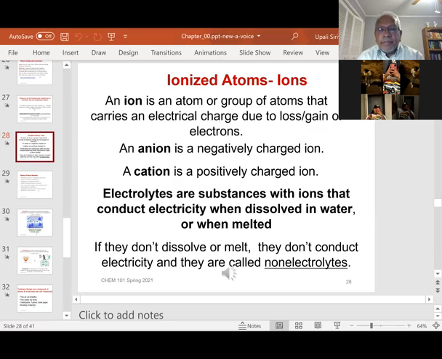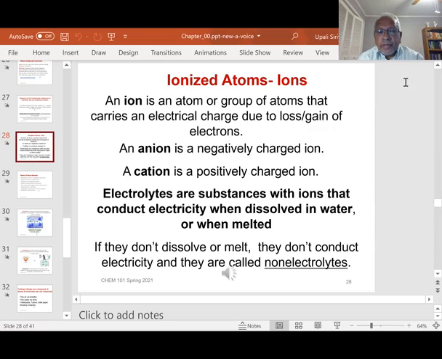Ionized atoms are atoms that have acquired electrical charge, by gaining or losing electrons. An anion is a negatively charged ion, formed from an atom acquiring one or more electrons. A cation is a positively charged ion produced from an atom by losing electrons.